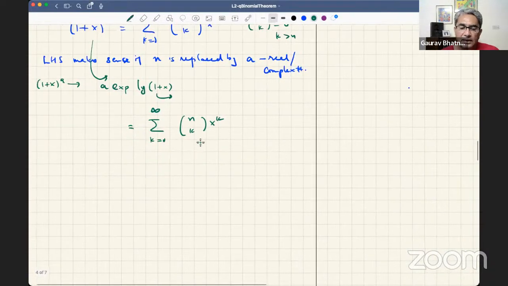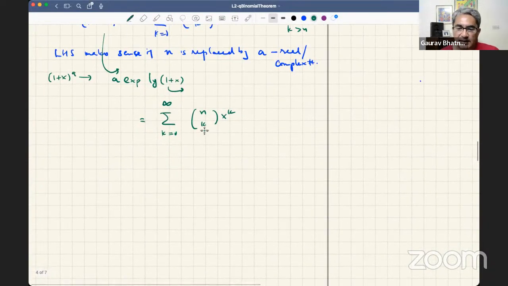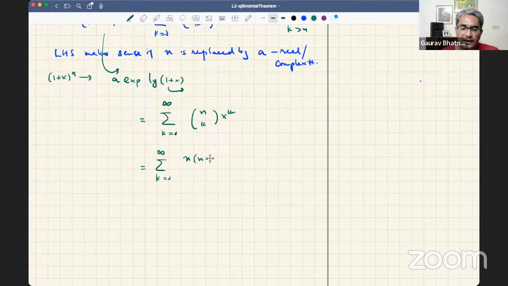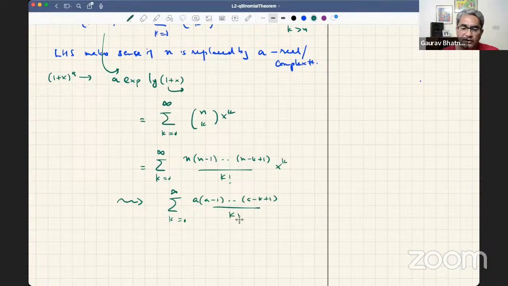Now it's an infinite series. You still want an n here, so we can write it as n times (n minus 1) up to (n minus k plus 1) over k factorial. And now you can replace n by a. So this gets transformed into the sum for k going from 0 to infinity of a times (a minus 1) up to (a minus k plus 1) over k factorial.